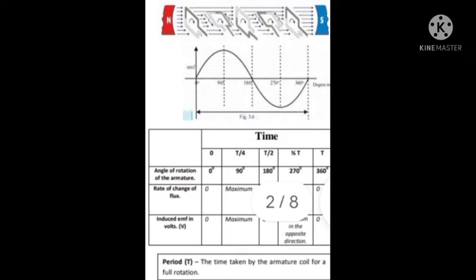At 3 by 4 T, that means at 270 degrees, they become maximum in the opposite direction. Then at 360 degrees, the time period T, the induced EMF is again 0. This is the graphical representation of various stages of rotation of the armature coil while completing one rotation in a magnetic field.